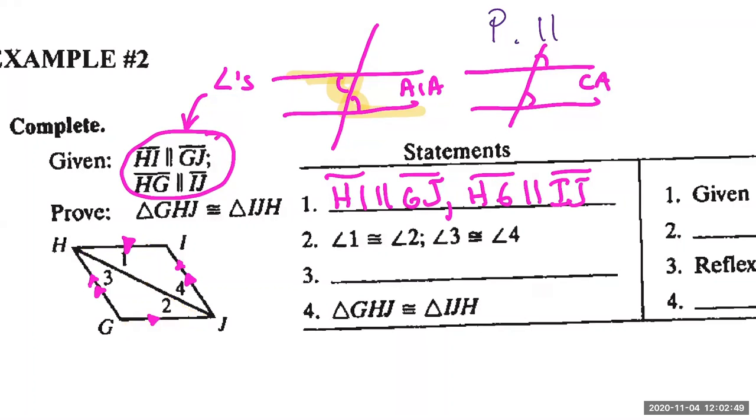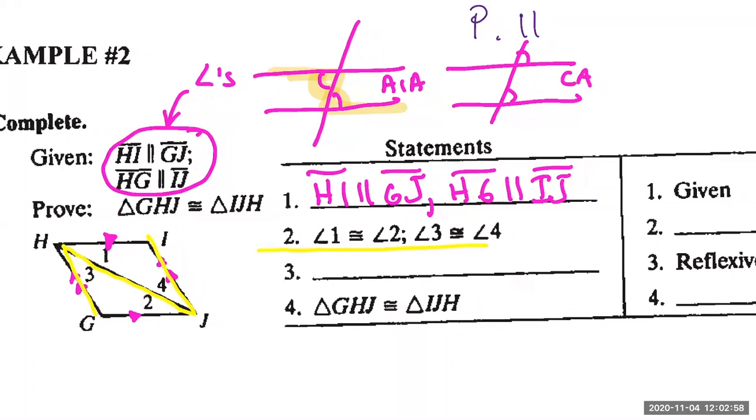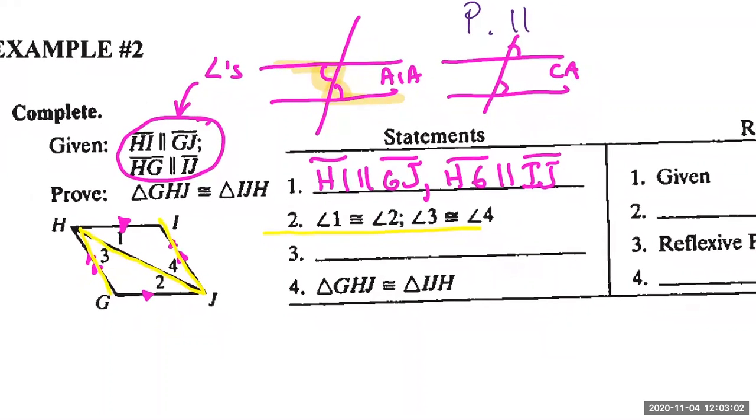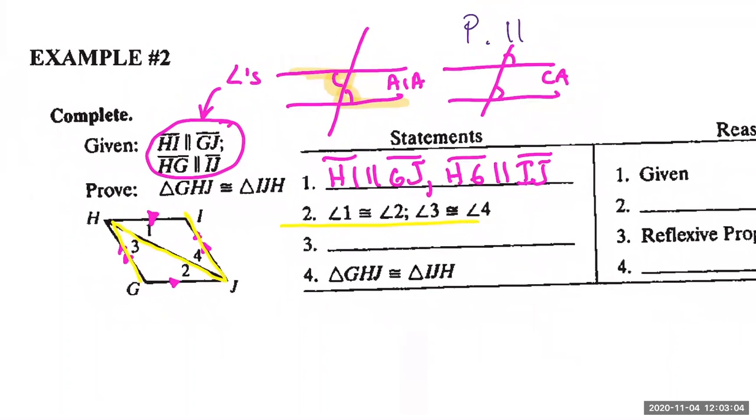If you went in the opposite direction, 3 and 4 also are congruent to each other. So that's this next statement right here. And what's the reason for that? How do you know 1 is congruent to 2 and 3 is congruent to 4? Okay, good. That's AIA, very nice.